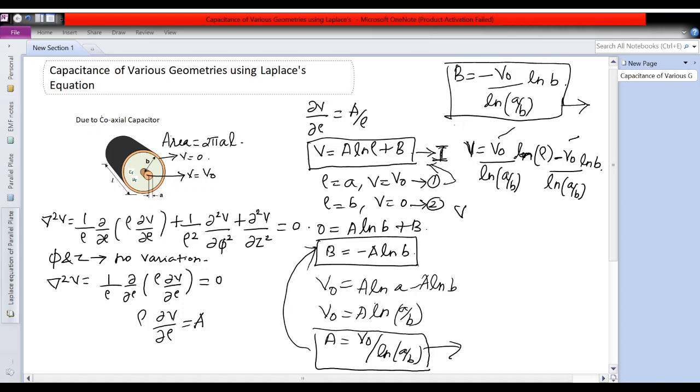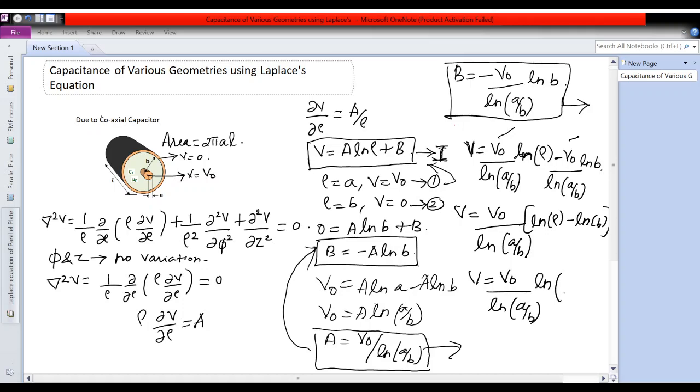So I can write V is equal to V naught over ln of A by B into ln of rho minus ln of B. You got it? So V is equal to V naught over ln of A by B into ln of rho by B. This is my equation for potential.